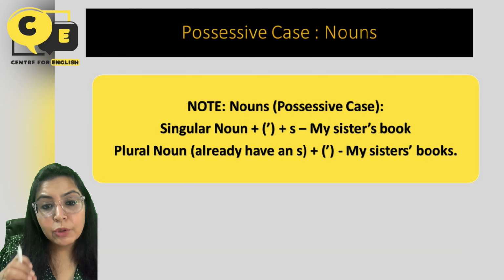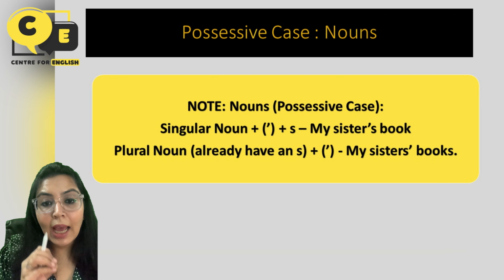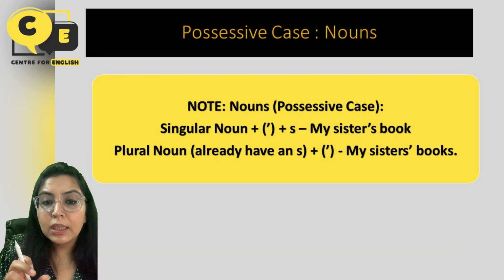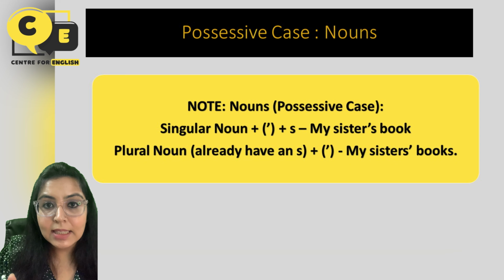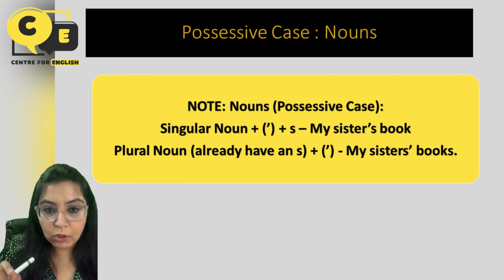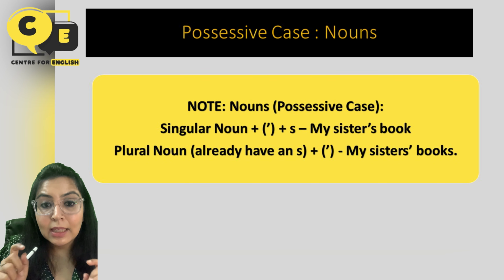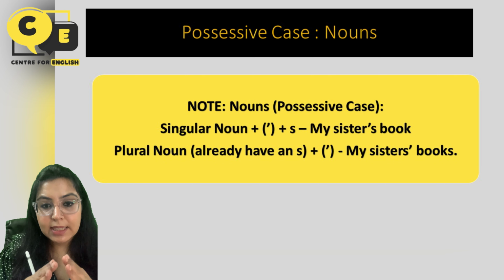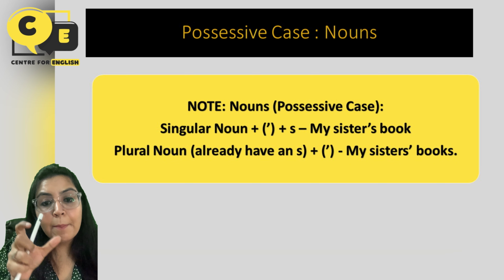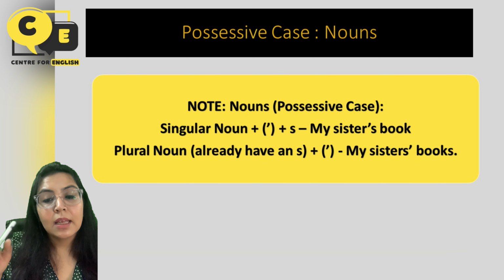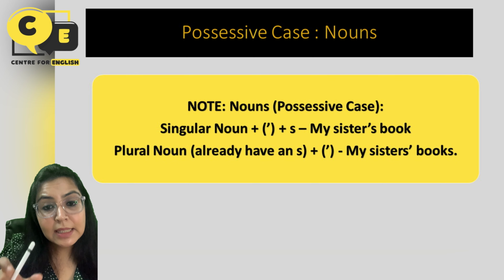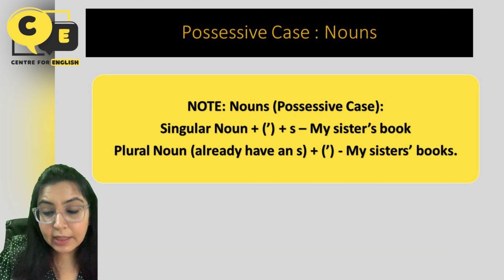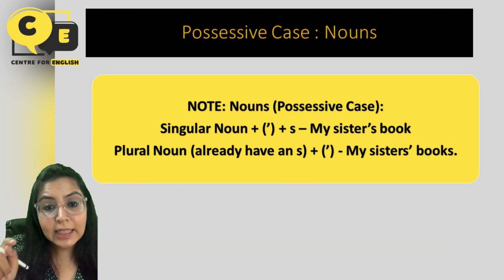And if I have to say it in a plural noun, since plural nouns already end in an S, I would just put an apostrophe. That is it. These are, ये सारी books, ये सारी किताबें, these are my sisters' books. यहाँ पर sisters is ending in an s.